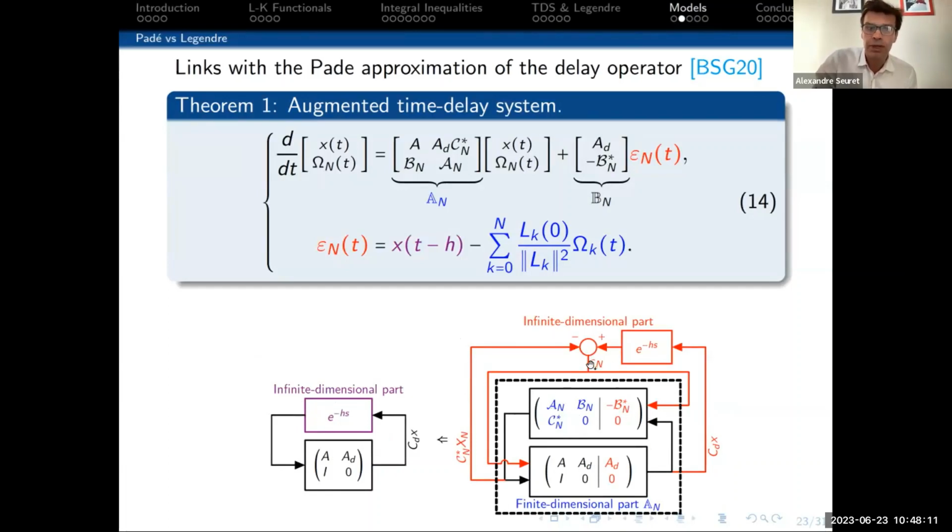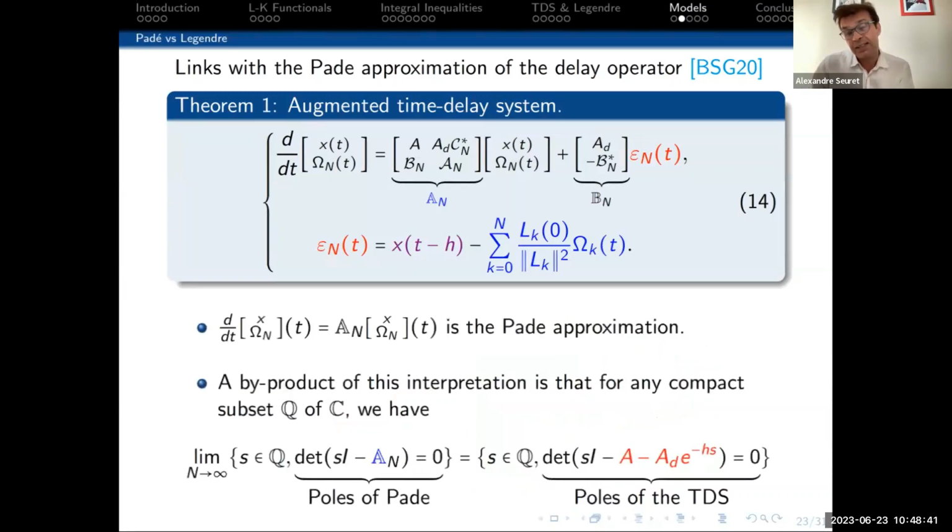You create a new error that is not the original one, and you expand the finite dimensional part of the system. And what is really nice is that at the end you can show that this formulation is strongly related to the Padé. So what we have been doing with LMIs and Legendre polynomial is really related to what you do in Padé approximate.